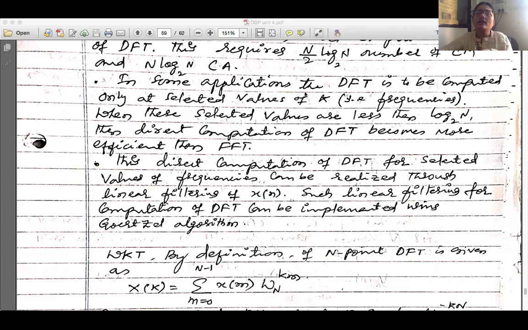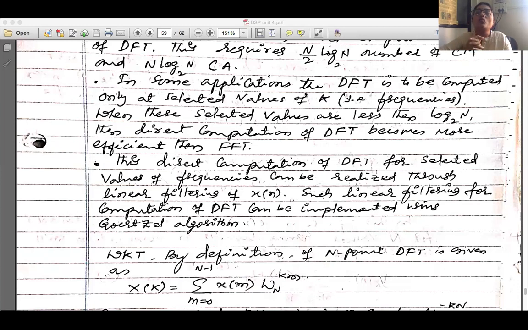So in that case, for calculation of DFT values only for selected values of k, doing so many multiplications is an unnecessary task.